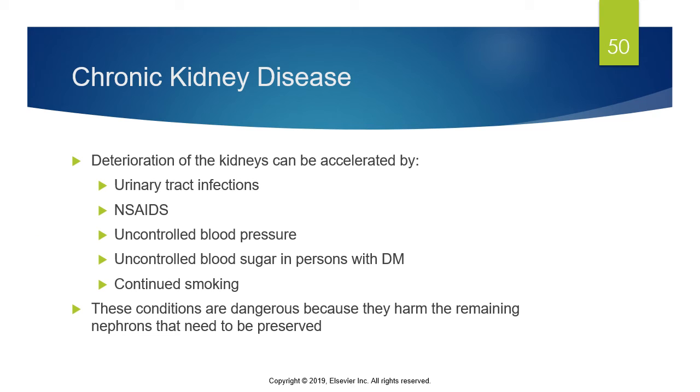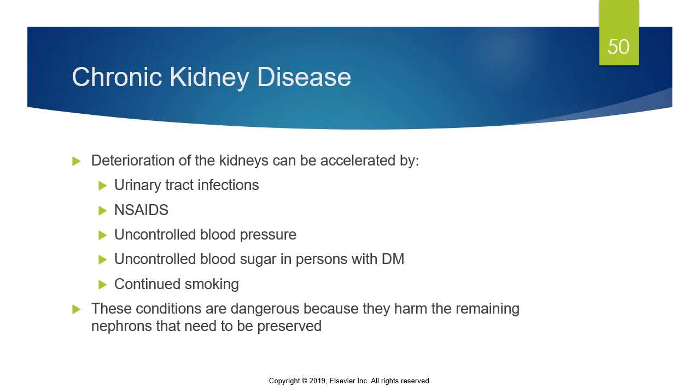And deterioration of the kidneys can be accelerated by other insult added to injury: urinary tract infections, NSAIDs, uncontrolled blood pressure, uncontrolled blood sugar, continued smoking. So these are the things that we can do to try and offset the progression of chronic kidney disease, to make sure we don't add insult to injury: have patients avoid NSAIDs, treat urinary tract infections as soon as they are detectable.